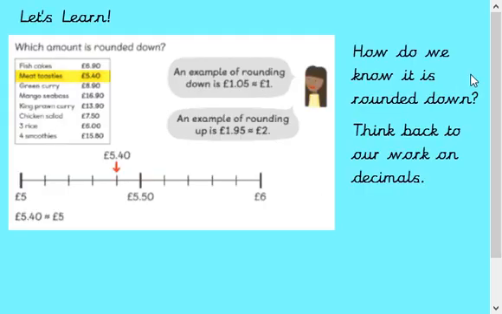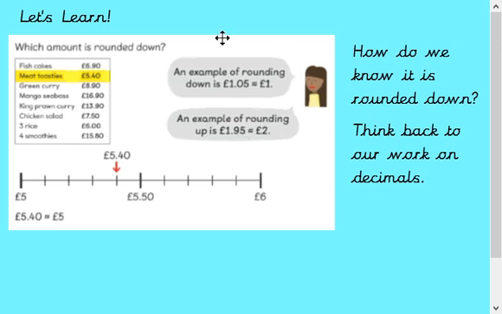Okay, let's learn. Now, it says in the graphic here, which of the amounts is rounded down? There's a highlighted amount there, which is £5.40 for the meat toasties. The young lady is saying there, an example of rounding down is £1.05 to £1, and an example of rounding up would be £1.95 to £2.